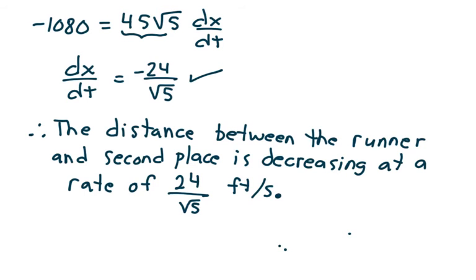When you get a negative, that's telling you that it's decreasing at a certain rate. And so in context, what you can say is the distance between the runner and second, that should say base, by the way, is decreasing at a rate of 24 over root 5 feet per second.